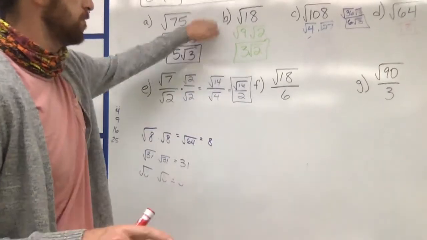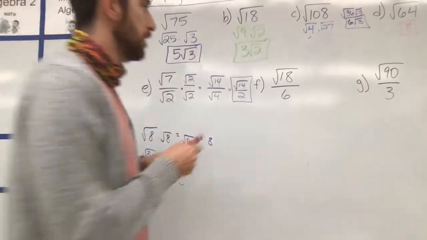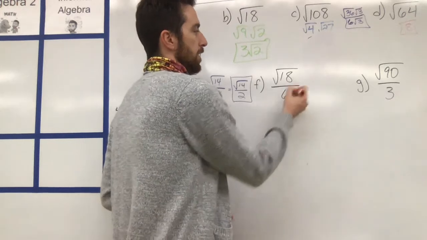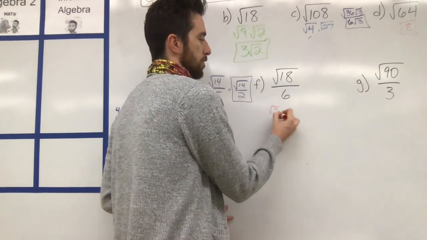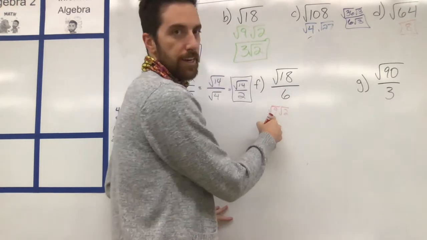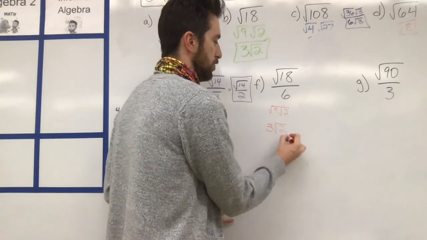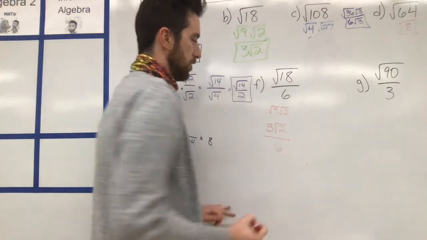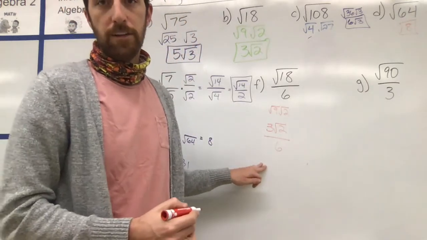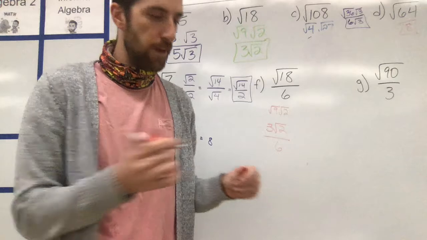As you see from example B up here, 9 goes into it. So if we simplify that, 18 is 9 times 2. Square root of 9 is 3. So the numerator would simplify to 3 root 2. Denominator is 6. Again, you don't have to worry about the denominator here because there is no radical.